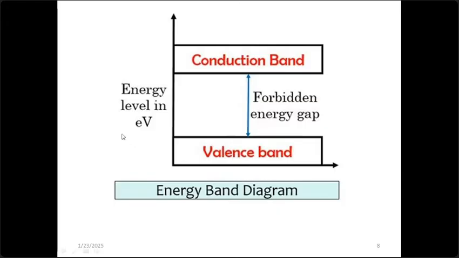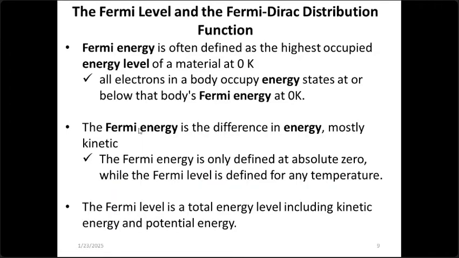Maybe in secondary school, when you were looking at the photoelectric effect, you may have heard of this unit of energy we call the electron volt. We can simply define an electron volt as 1.6 times 10 raised to power negative 19 joules. That is what one electron volt is.